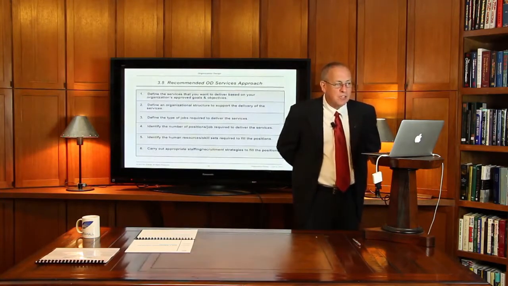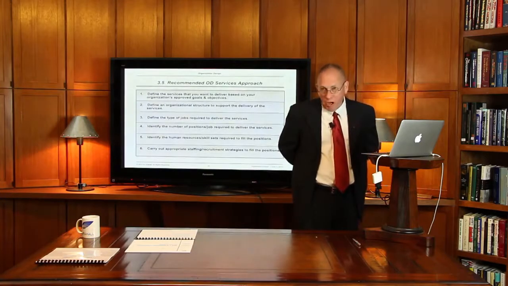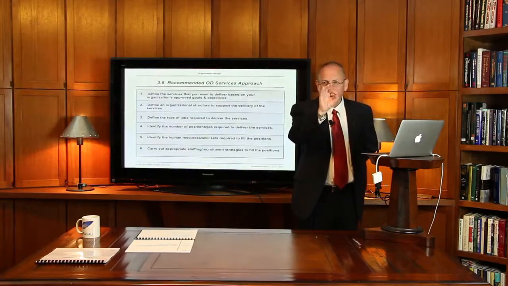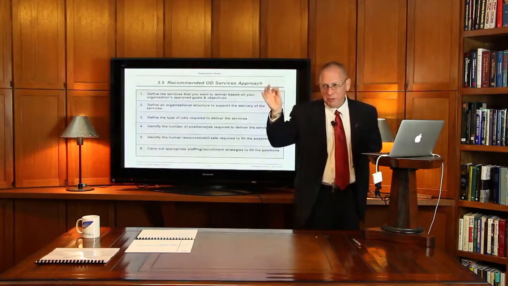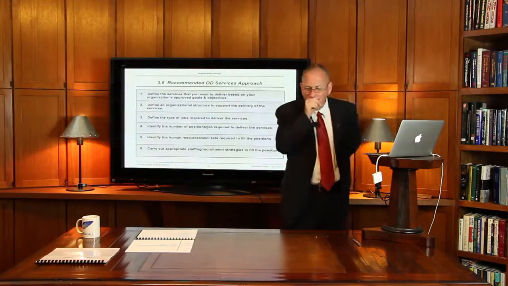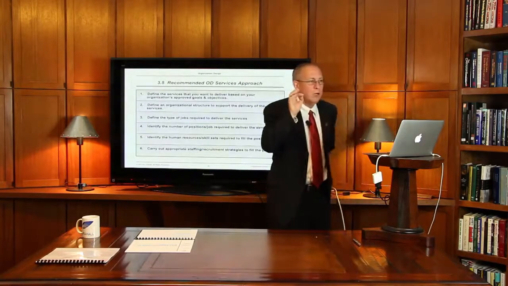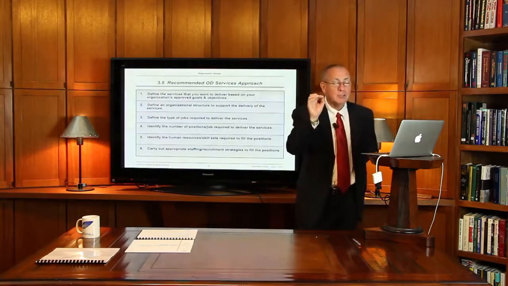Once you've done that, you need to define the types of jobs. So okay, we want to make widgets, and we need people to design widgets, we need people to manufacture them, we need people to sell them, we need people to deliver them, we need an accounting department to keep track of all the money. Those are my high level functions.